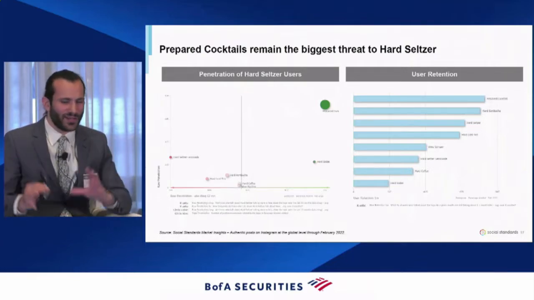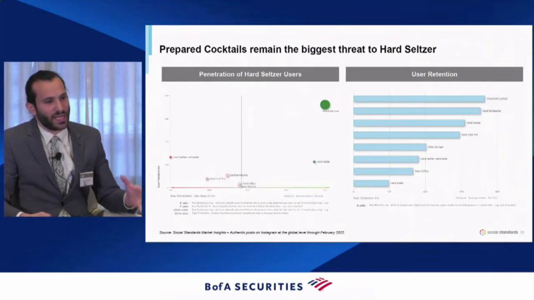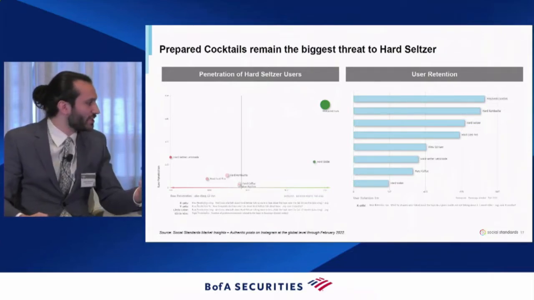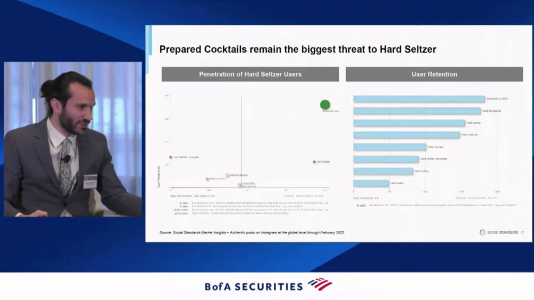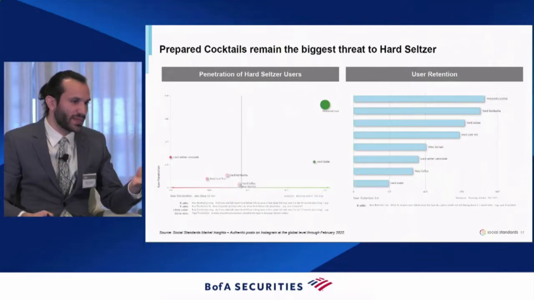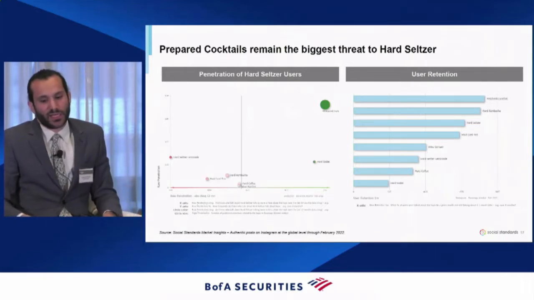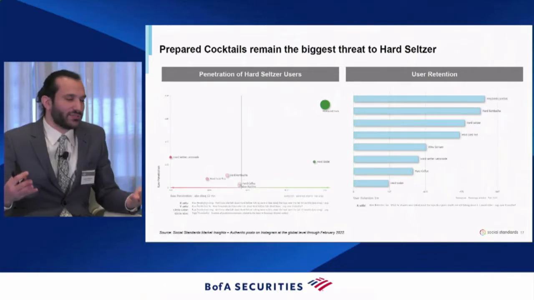So this is a very, very similar looking chart, but it's on a little bit of a different data set. So on the left side, we're looking at the penetration of hard seltzer users. So people who talk about hard seltzer, what categories do they talk about in general, as represented on the Y? And how is that changing over time, as represented on the X? And I think this just reiterates the point.